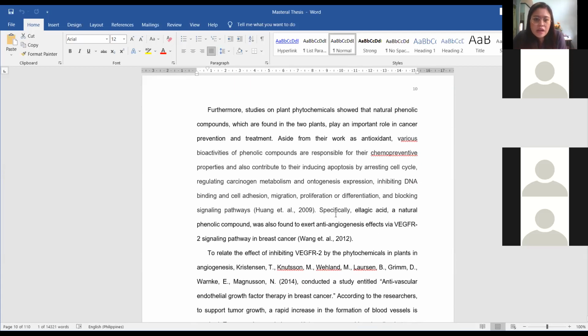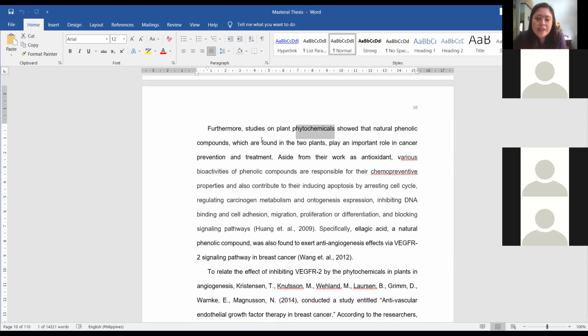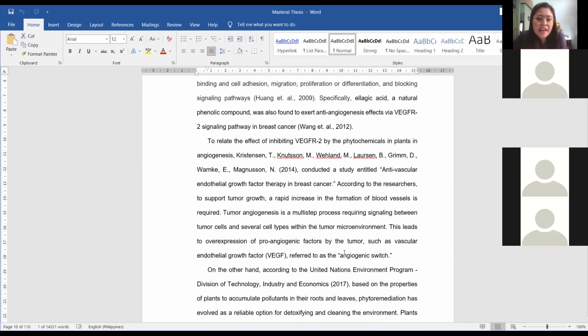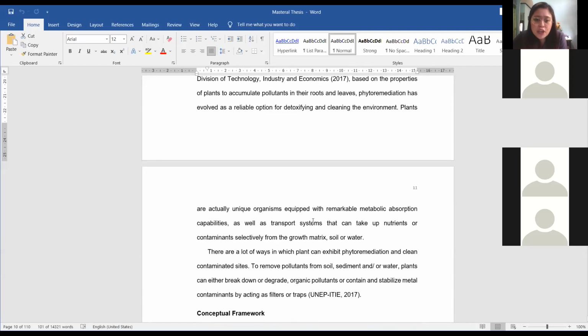And also, I also identified kung asa nga phytochem ang pwede na ko i-attribute ang katong anti-angiogenic nga activity. So that's how you will make your theoretical framework for the experimental na studies. But for the descriptive na studies and for qualitative researches, you really have to look for theories where you can anchor your study. Okay? Questions?